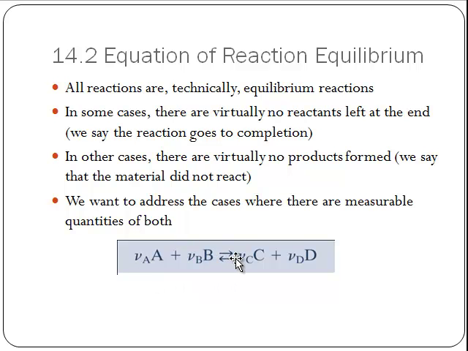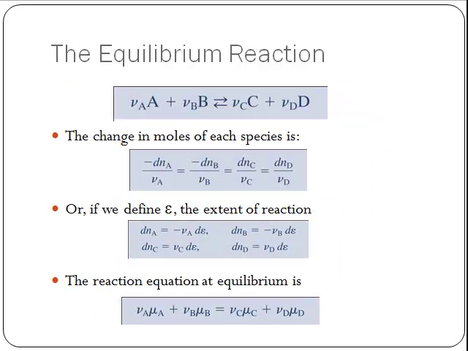So here is a chemical reaction. It's an equilibrium, meaning it can go forward or backward, and it's been balanced with stoichiometric coefficients nu A, nu B, nu C, and nu D. If I wanted to talk about how many moles of each species were added or subtracted as this reaction progresses, I would be looking at the change in number of moles.